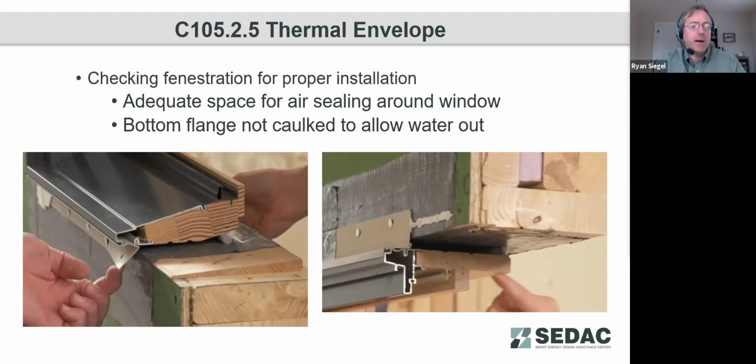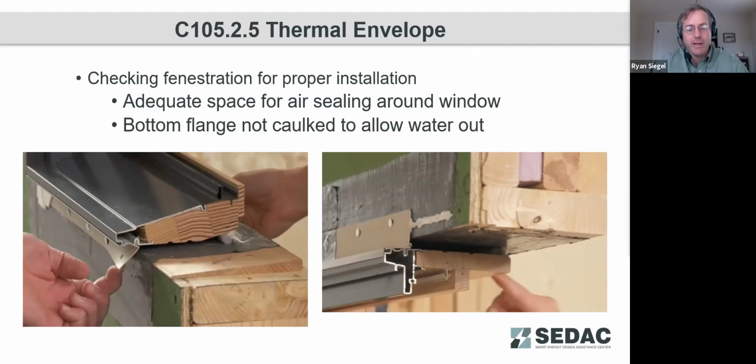It is not uncommon to find newer buildings performing less well than older buildings, and some of this goes back to details and proper installation of materials. So as we're looking at our fenestration, making sure that we do have proper installation.